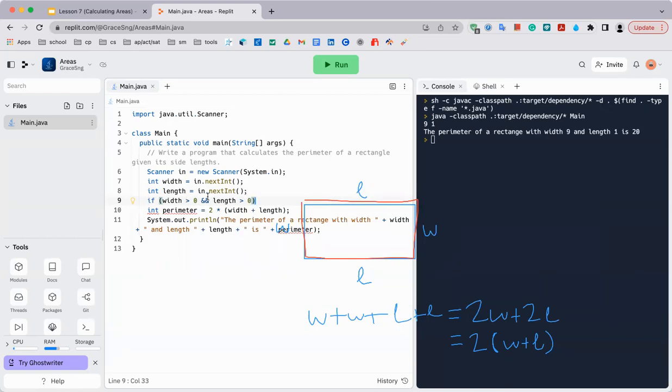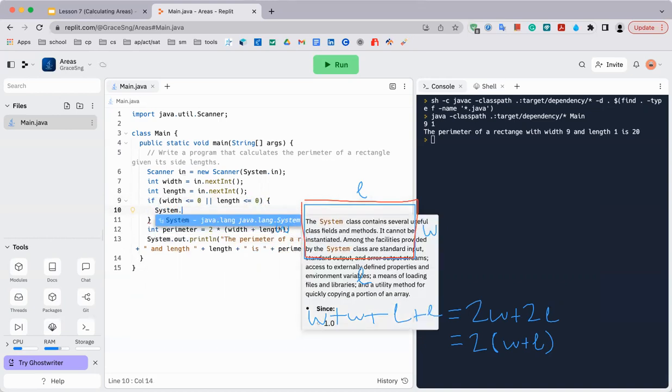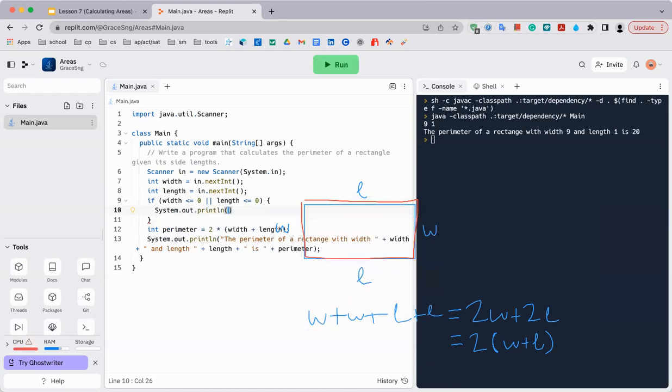So now I'm going to flip it around to figure out when it should not run. So if the width is less than or equal to 0, or the length is less than or equal to 0, then what I'm going to do is, first of all, tell the user this rectangle doesn't exist.